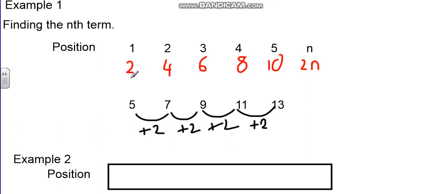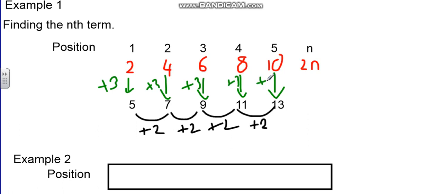What I need to do now is work out how did I get from this times table to the sequence that we're listed with? So how do I get from 2 to 5? Well, it's plus 3. How do I get from 4 to 7? Plus 3. How do I get from 6 to 9? Plus 3, plus 3, plus 3.